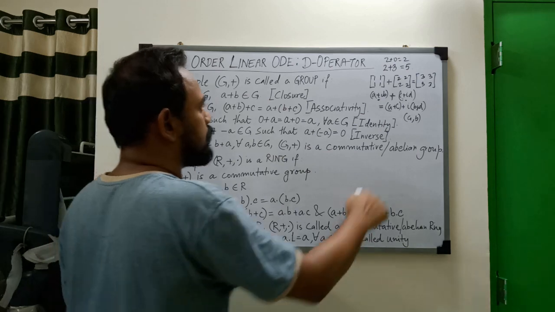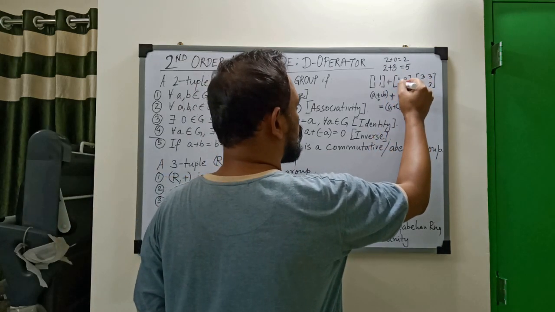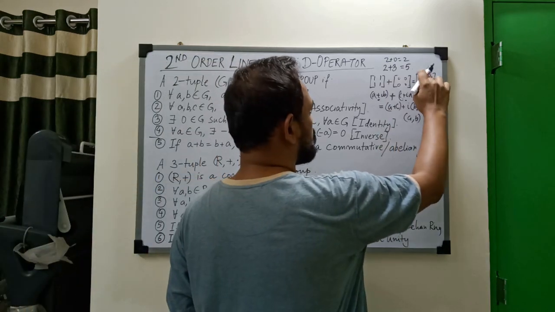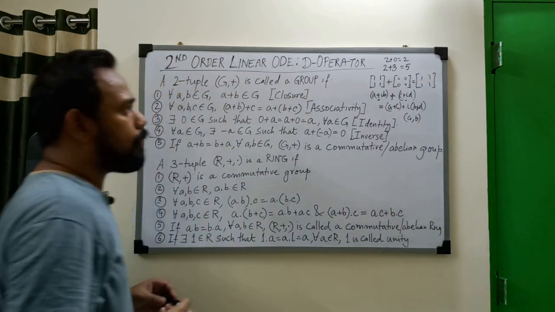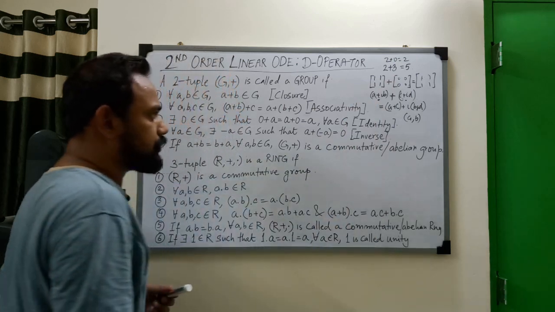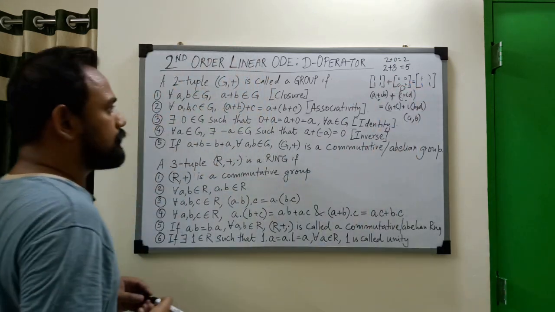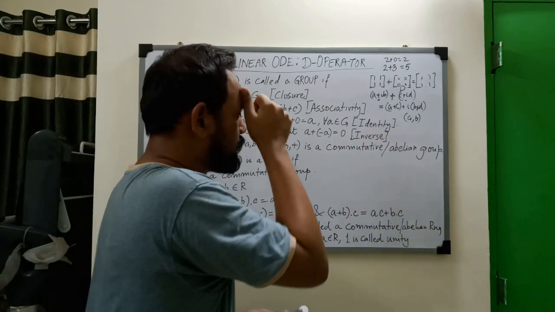For a matrix, if you have zeros everywhere, then you will be returned the same matrix, you will get 1, 1, 1, 1. So this whole matrix with all 0 entries is acting like the 0 element in the world of matrices.